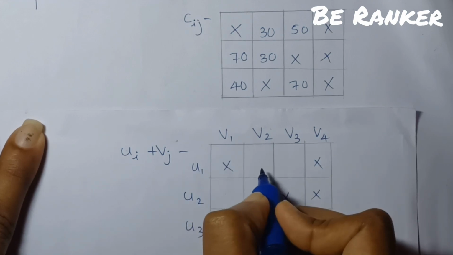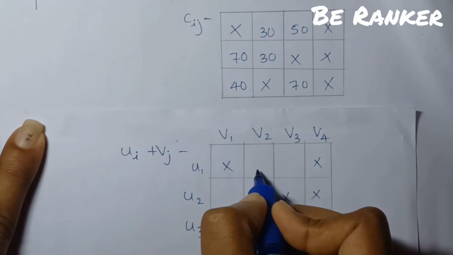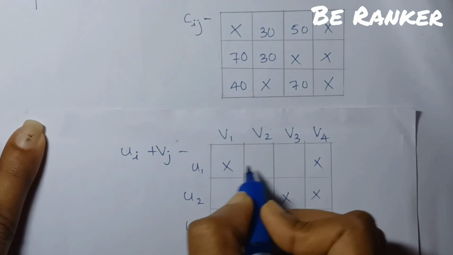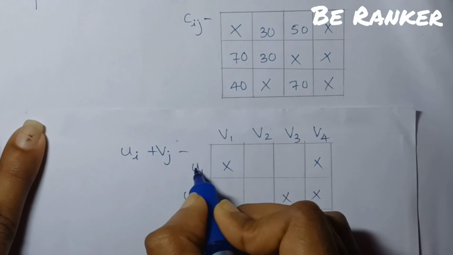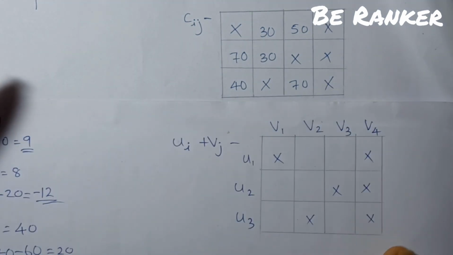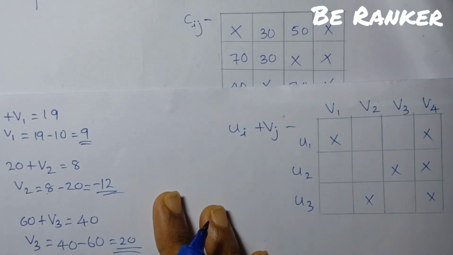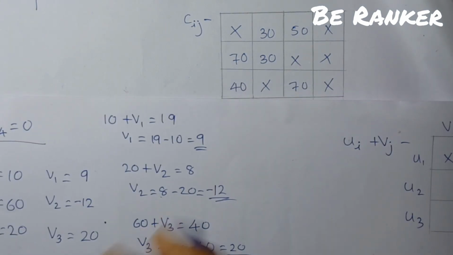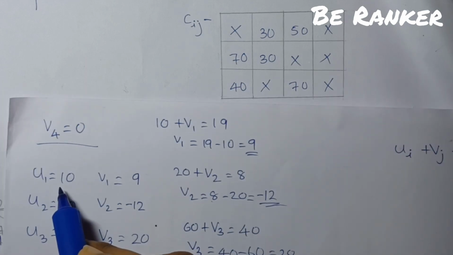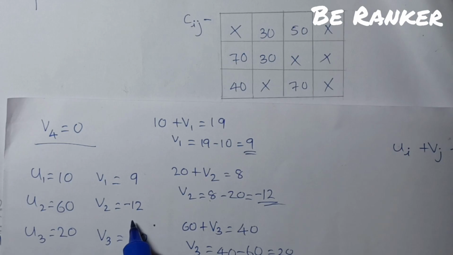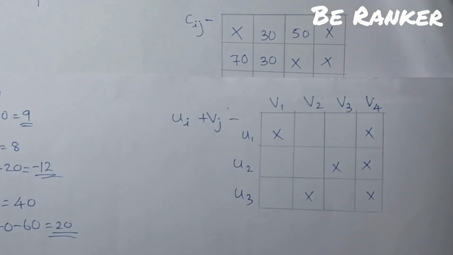For example, here it is the V2 column and U1 row, that means U1 plus V2. U1 is equal to 10 and V2 is equal to minus 12. So 10 minus 12 is equal to minus 2. So I write minus 2.